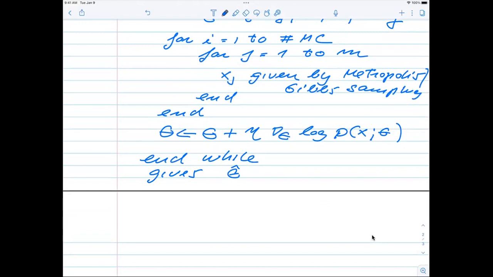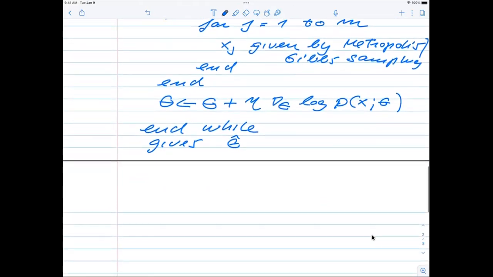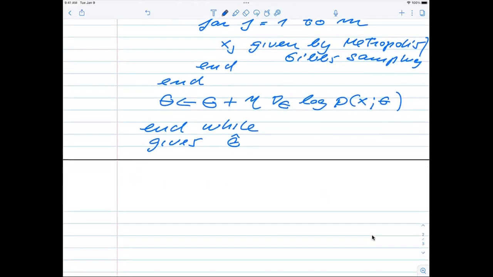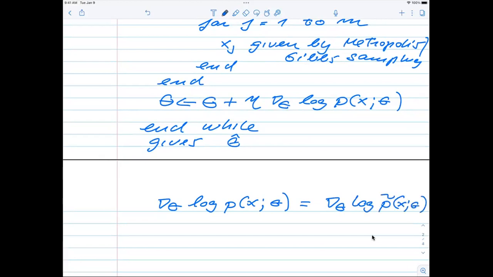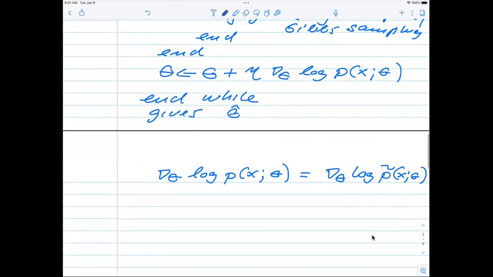The problem which you end up with here, as we discussed last time, is the derivative of the partition function. Because when we take the derivative with respect to theta of log p of x as a function of theta, and write it out in terms of this function, which we can calculate, normally it's a multidimensional function, but it's something we can calculate.